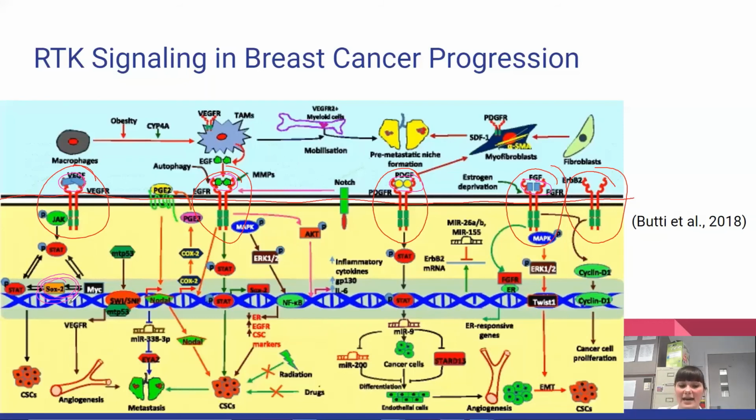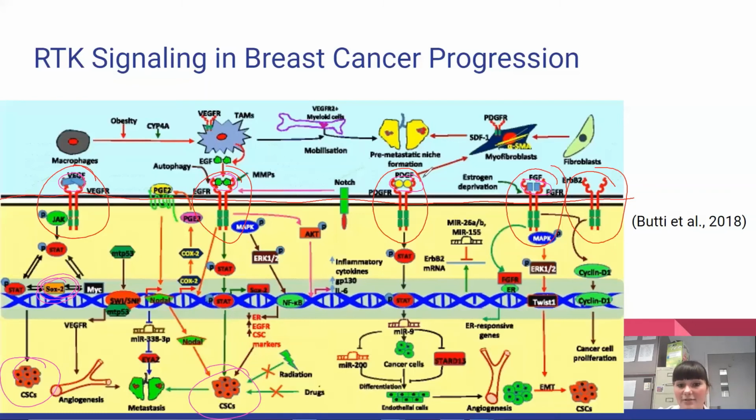And once that is activated and expressed, or I should say overexpressed, that can lead to CSCs or cancer stem cells. Here in the middle, we're seeing the EGF ligand activating this particular RTK, which if you look is actually linked to a few different things, the MAPK pathway, STAT as well. But again, the end result is cancer stem cells once again.